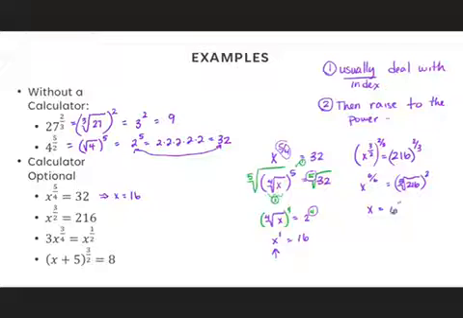So then this is 6 squared, which means x is 36. Okay, so you can save a step by using the powers as fractions and using the idea of reciprocals and thinking about what exponent do I want there, and kind of working your way in that direction.